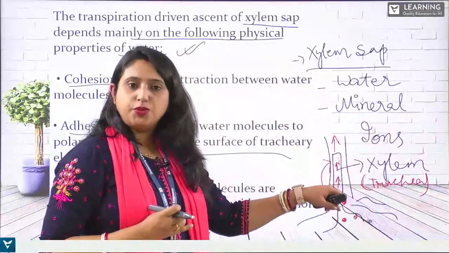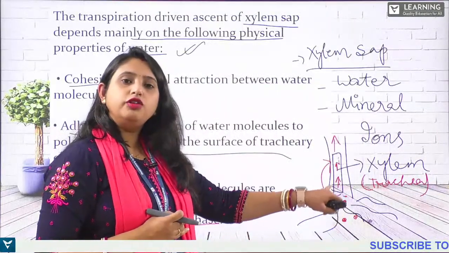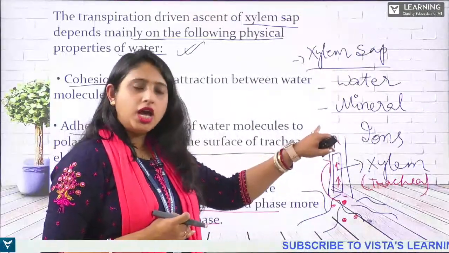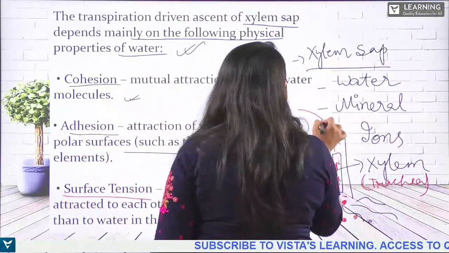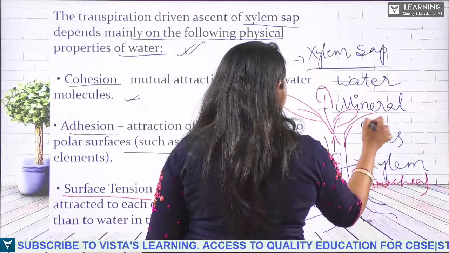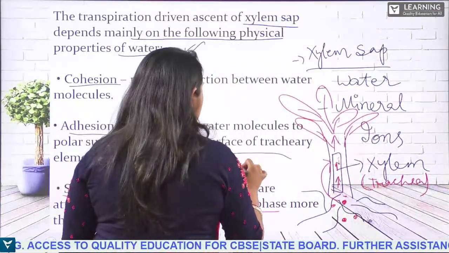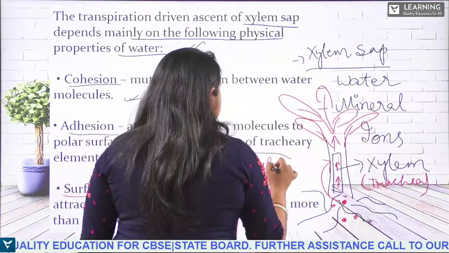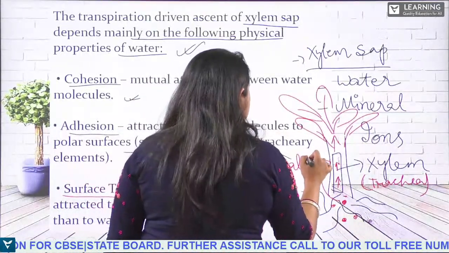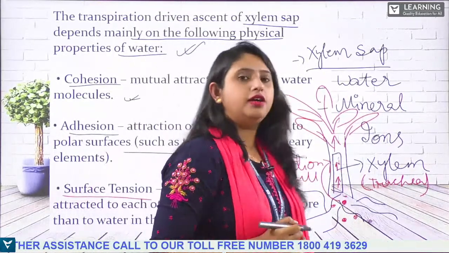Because of this transpiration pull, the mineral ions which are present here will be moving upwards, and they will go to different parts of the plants like leaves, then stem. It is occurring because of transpiration pull. Is that clear?